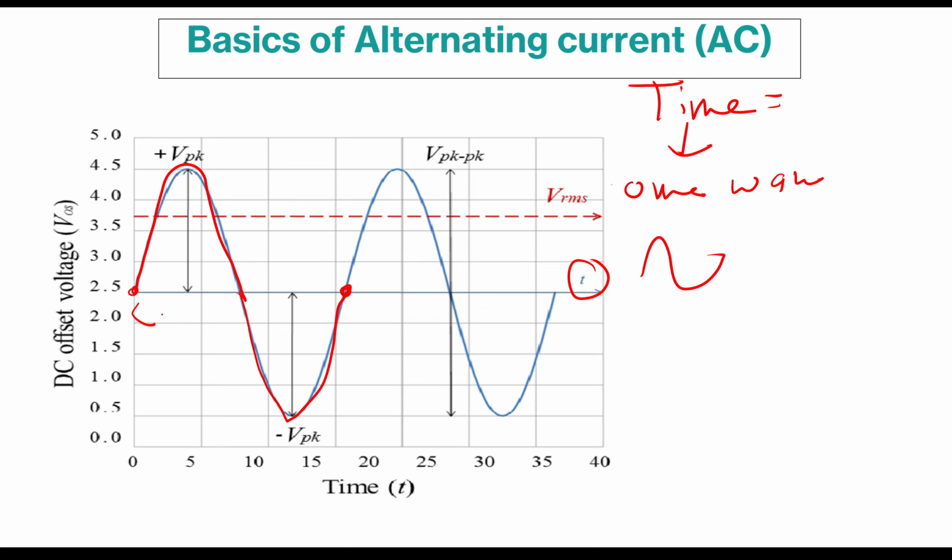The time of one wave is known as the time period. It starts from 0 second on the timeline and goes to somewhere after 15.